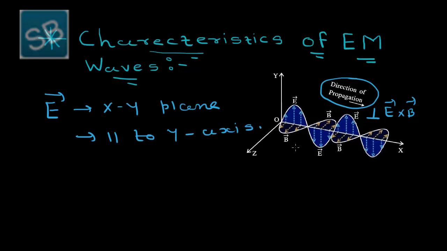Whereas the magnetic field B at the initial stage is in the xz plane and that is also parallel to the z-axis.